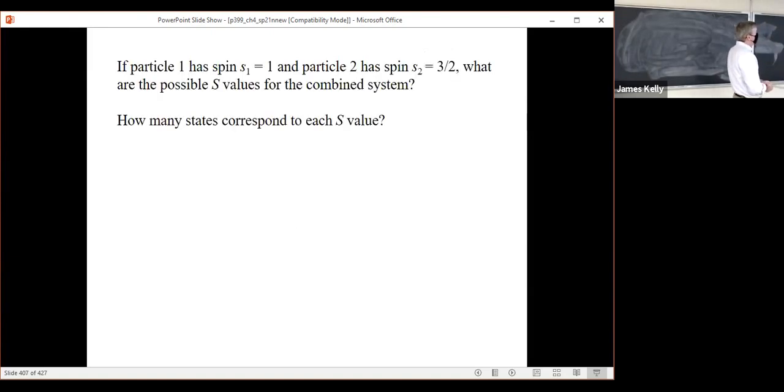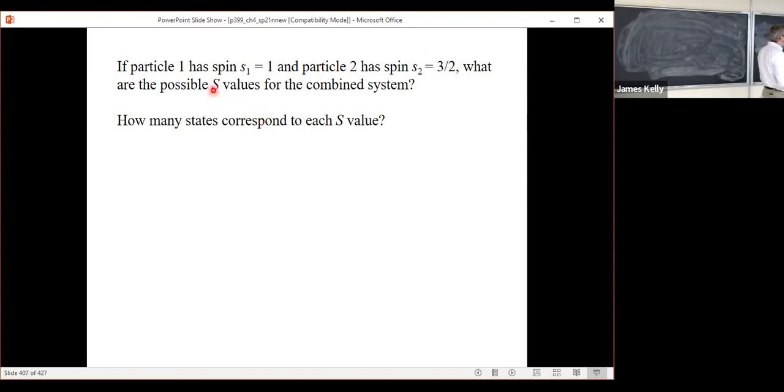Okay, so here's a question. It's not really a voting question, but just something to discuss. Particle 1 has spin 1, particle 2 has spin 3 halves. What are the possible combined S values for the system, and how many states correspond to each S value?